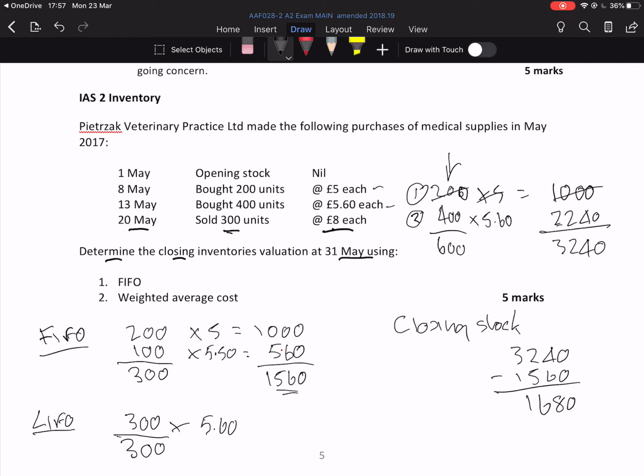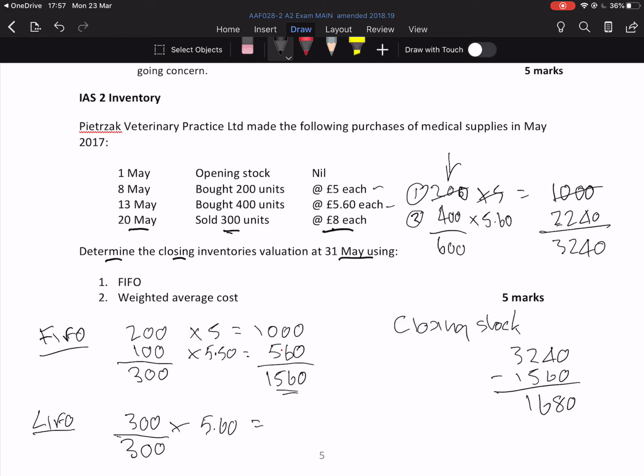I'll just use my calculator for this one. So 300 times £5.60 is 1,680.